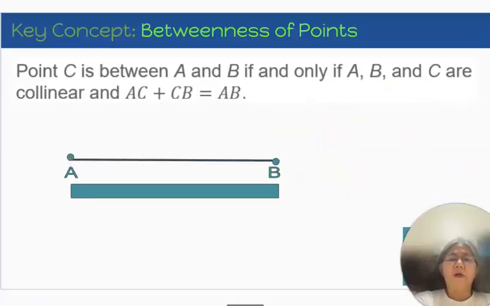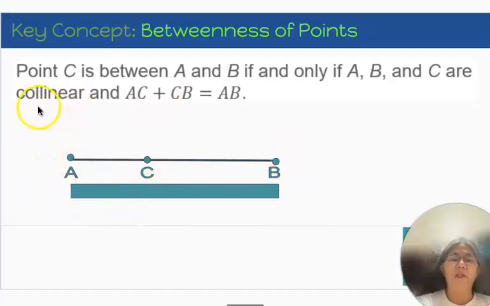So, what is the key concept of betweenness of points? Whenever you calculate the measure of a line segment, we need the concept of betweenness of points. In this case, point C is between A and B if and only if A, B, and C are collinear.